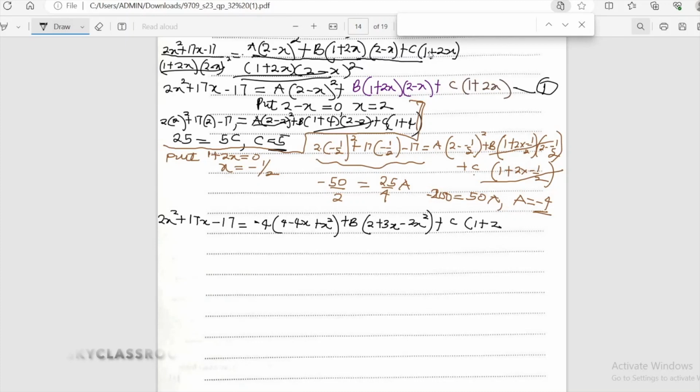I don't need to expand C, it's just like that. But the value of C, I know the value of C. Do you know the value of C? Yes. Value of C is 5, times 1 plus 2x. What you do, you compare coefficient.